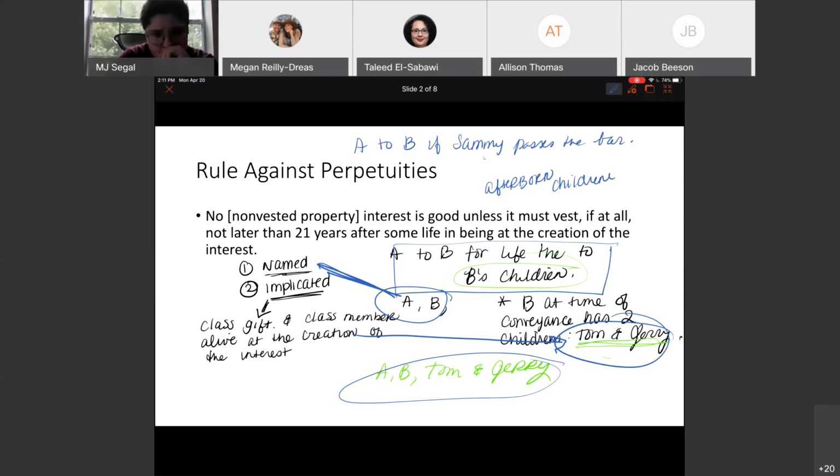He has no property interest in this conveyance, right? So he would fall under one of the named people because he's literally named. All right. So measuring life, it's kind of like if you think about how you can have a life estate per autre vie, right? Somebody is named, they're a measuring life, but they're not taking a conveyance. Any other questions?